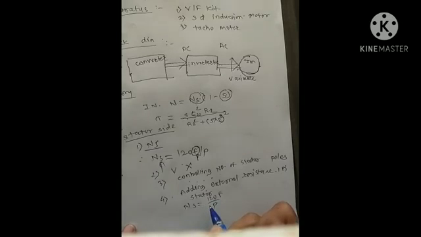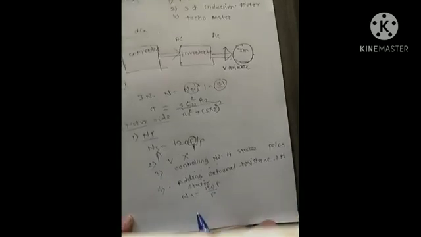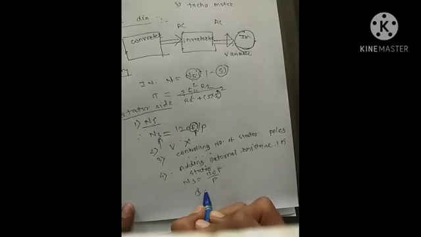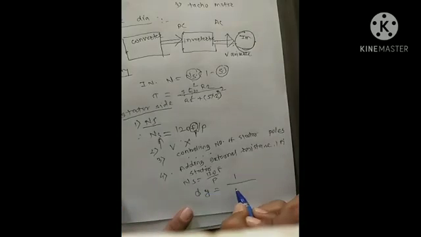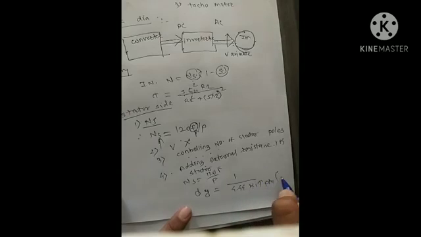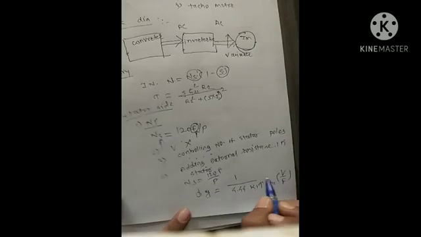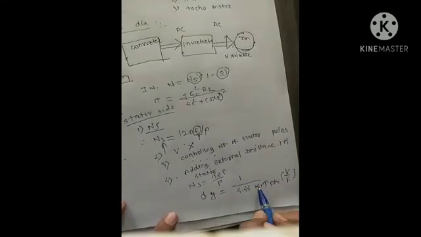The expression for the air gap flux is given by phi g equals 1 upon 4.44 K1 T ph1 times V by F, where K1 is the stator winding constant, T ph is the stator turns per phase, V is the supply voltage and F is the supply frequency.